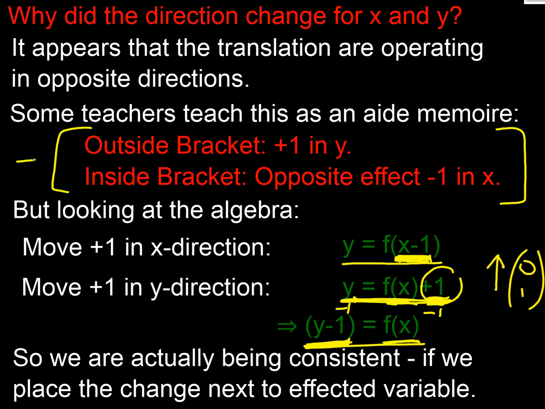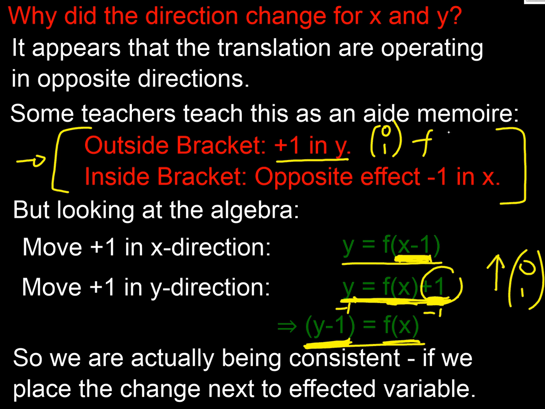But the principle here that a lot of students remember is that if our translation is outside the bracket, and it was a +1 outside the bracket, then we're going to move (0, 1) in a positive direction.